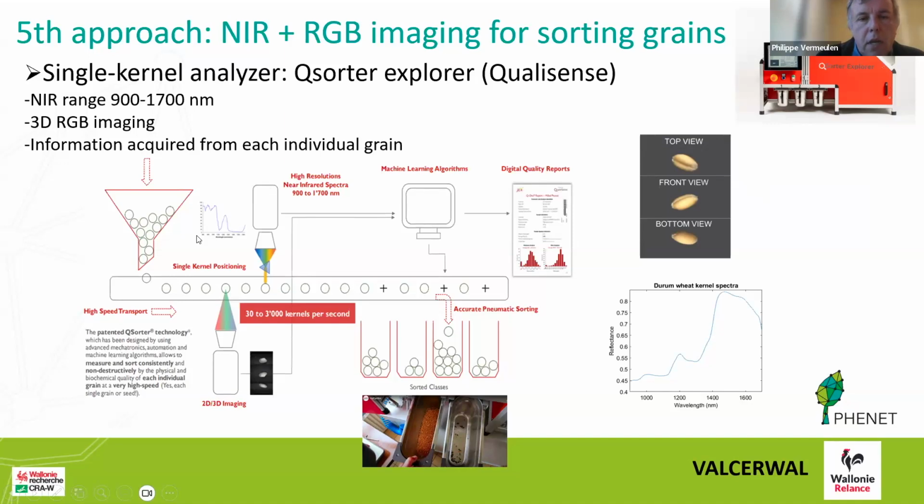You can see here the system to feed the kernels on the conveyor belt. You have here an RGB camera and a spectrometer, and based on the data and the model we can develop, you are able to sort the grains according to different classes.